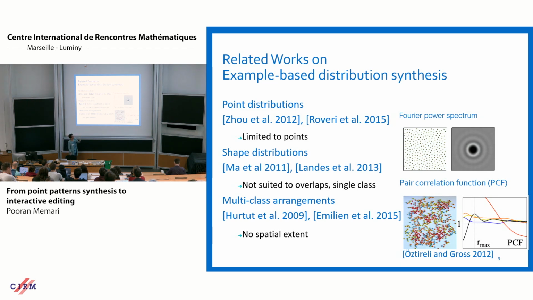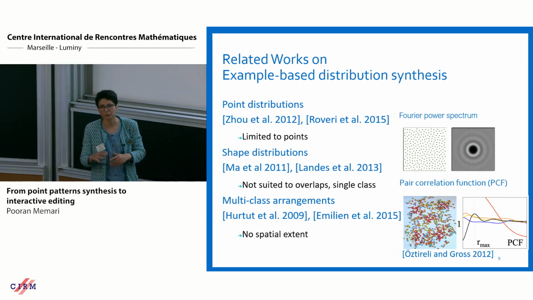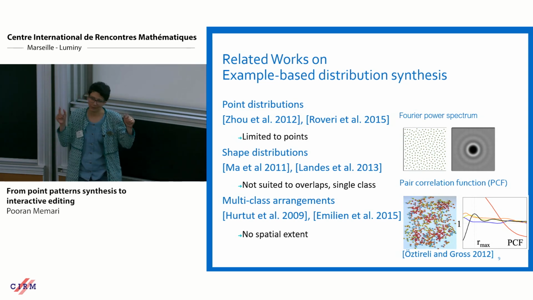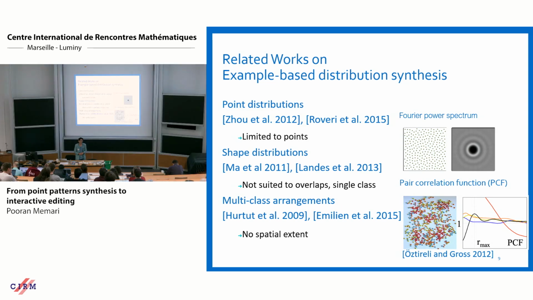Either we go through the spectrum and we try to see if the spectrum matches, or we go through the PCF kind of signatures to see if we have a good match. Surprisingly, there is no other really confirmed or more formal way of evaluating, namely in the case of anisotropic cases. In the case of anisotropic cases, even these ones are not meaningful at all.